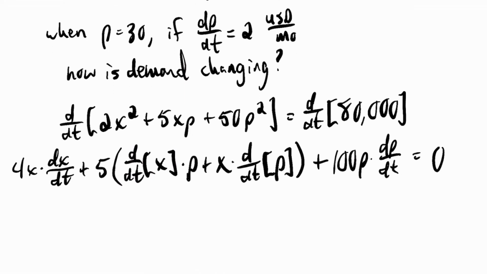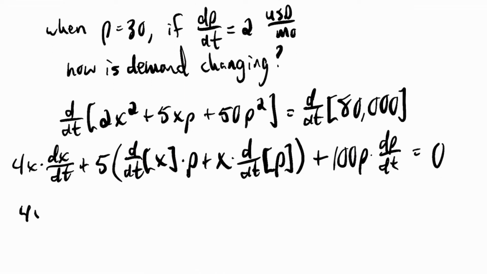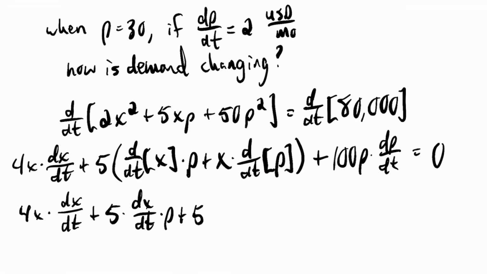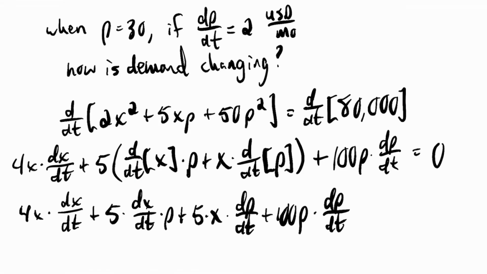Okay, so I'm going to have 4x times dx dt plus 5 times dx dt times p plus 5 times x times dp dt plus 100p times dp dt.